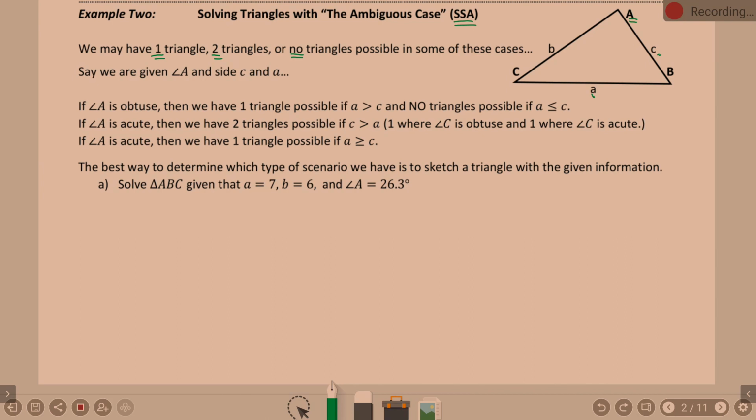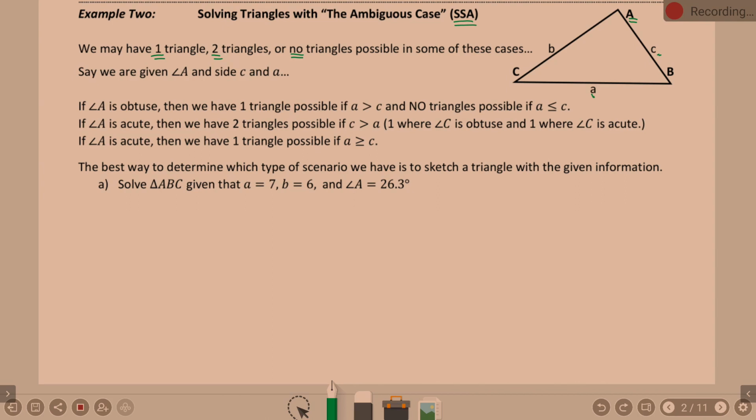And we will look at one of those examples. That's the one that gets a little confusing, when you can have two triangles, getting both situations. And then if angle A is acute, we have one triangle possible if the side across from it given is bigger than the side next to it. So kind of the reverse of this situation here.